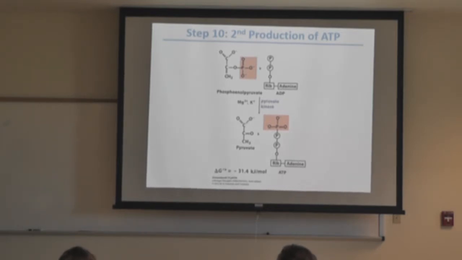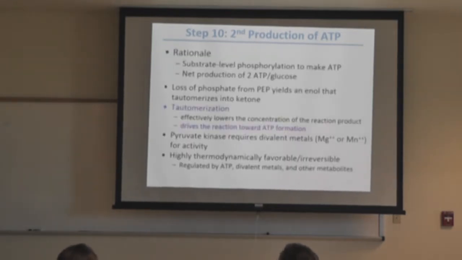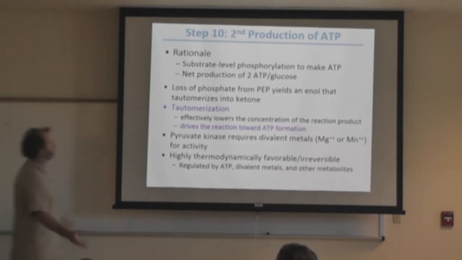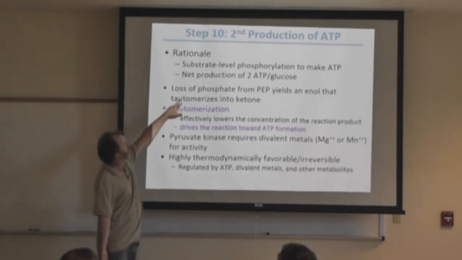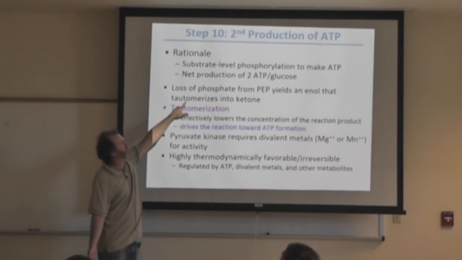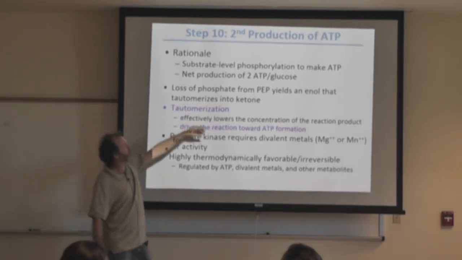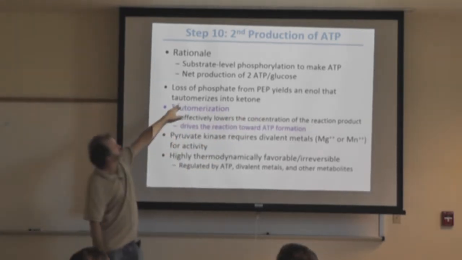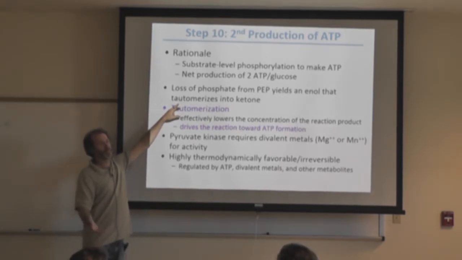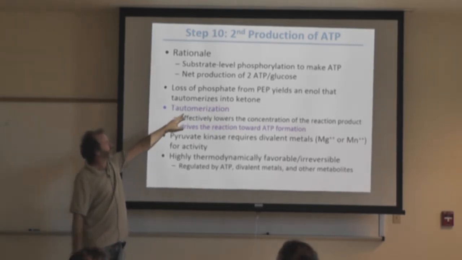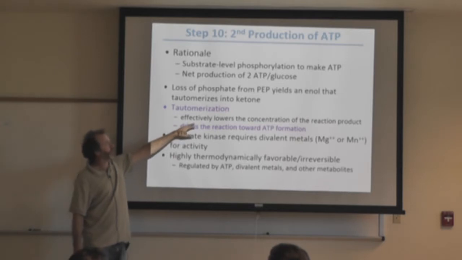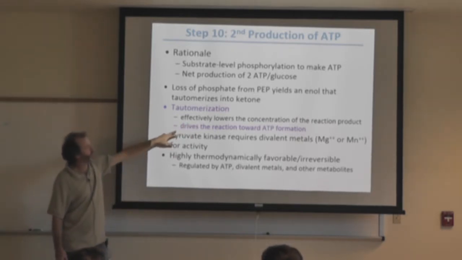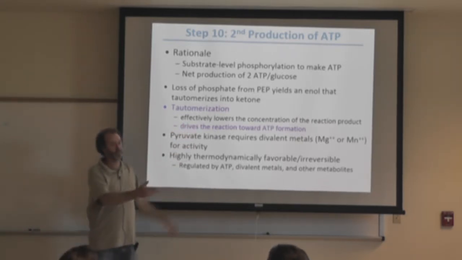The keto-enol shift. So the rationale for this is substrate level phosphorylation, net production of 2 ATP per glucose. You have loss of phosphate from phosphoenol pyruvate yields this enol that then tautomerizes into that ketone, and that's heavily favored. This tautomerization effectively lowers the concentration of the reactant product and drives that reaction toward ATP formation.